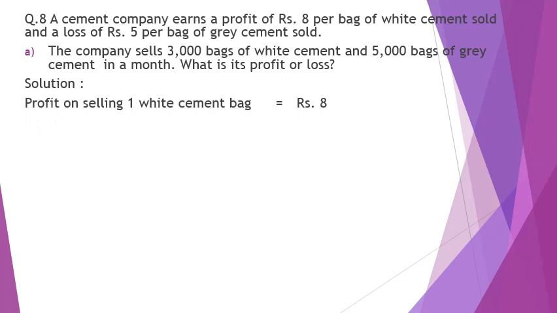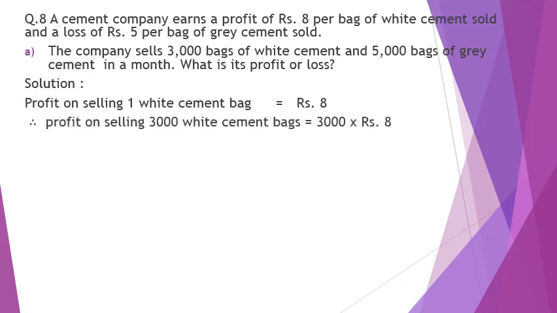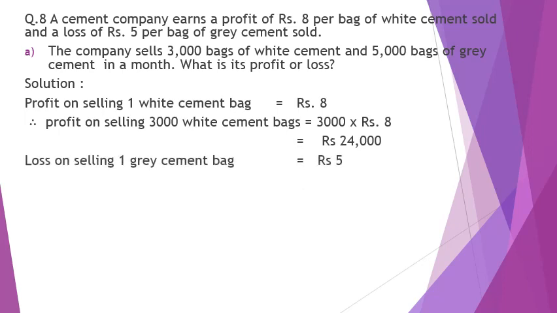Solution, profit on selling 1 white cement bag equal to rupees 8. Profit on selling 3000 white cement bags equal to 3000 into rupees 8 equal to rupees 24,000. Similarly, loss on selling 1 grey cement bag equal to rupees 5.